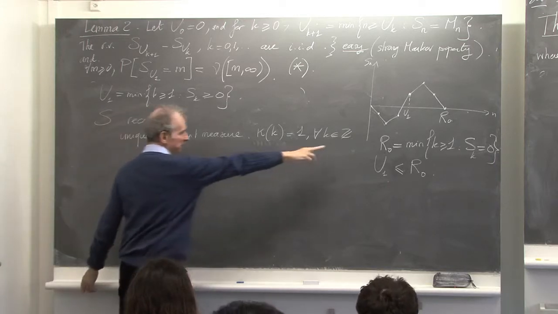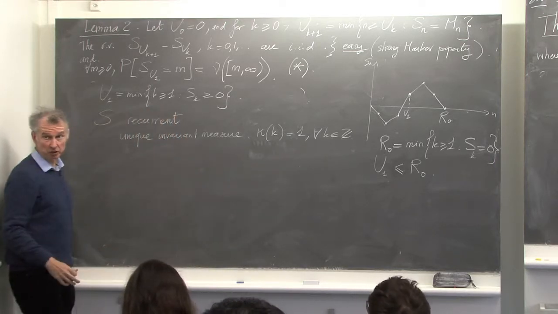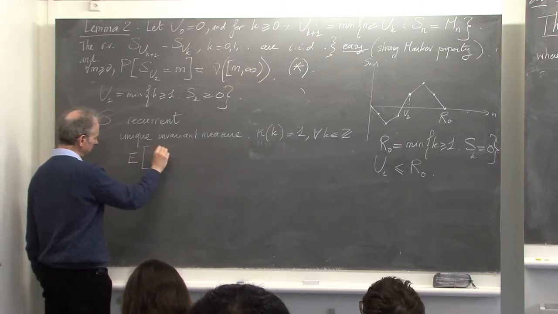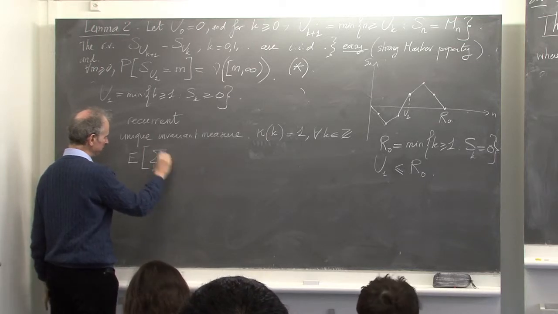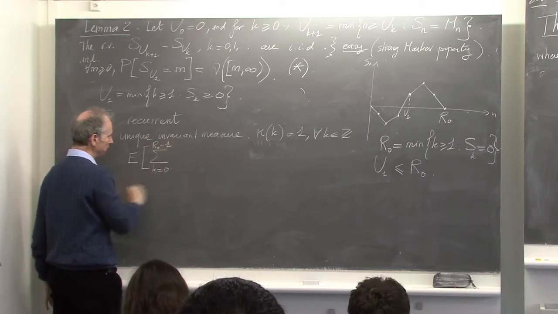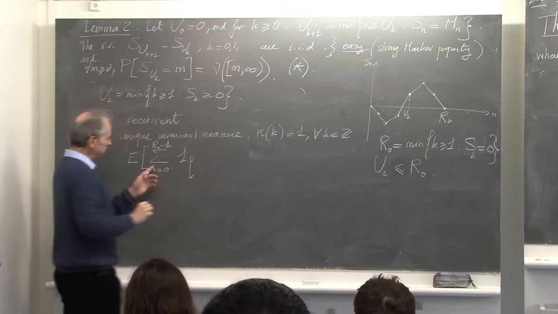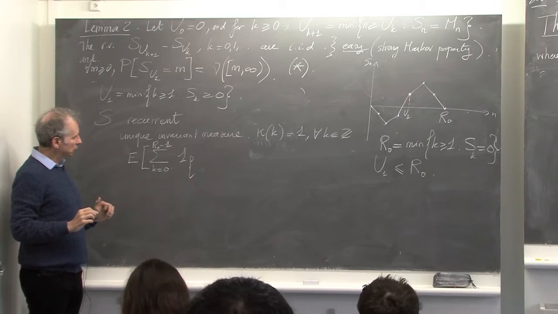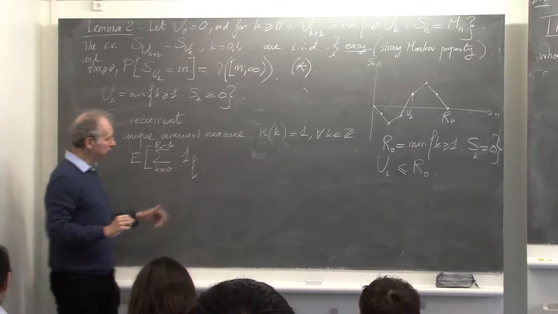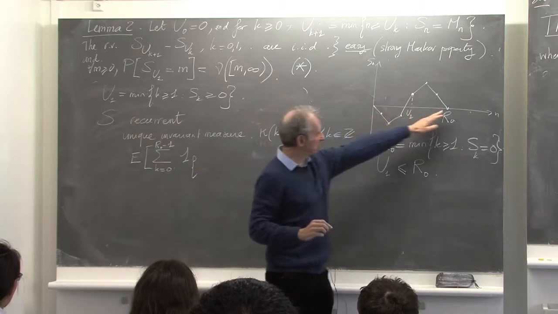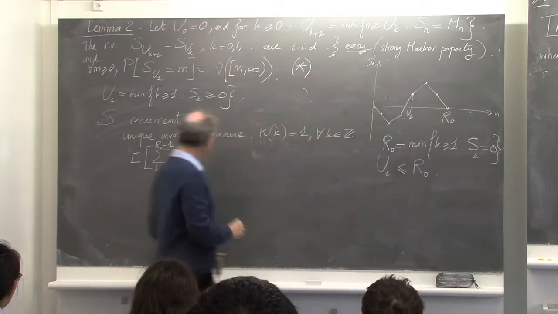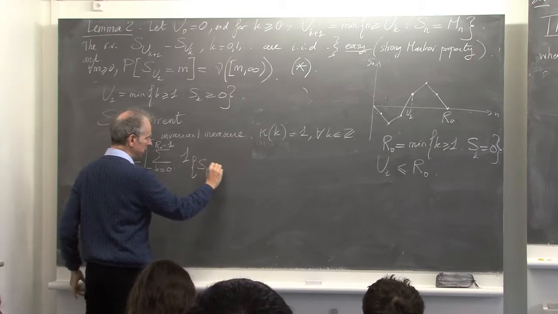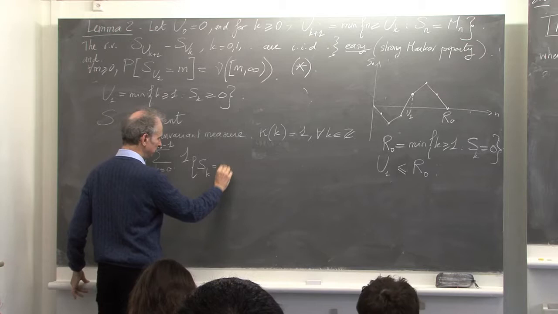So what is the relation with invariant measure? It's again a general fact for recurrent Markov chains that if you look at the expected value of the sum from k equals 1 to R0 minus 1, so essentially you sum over times belonging to the first excursion away from 0. You start from 0 and wait until your random walk comes back to 0, and you count how many times you have visited an integer j.